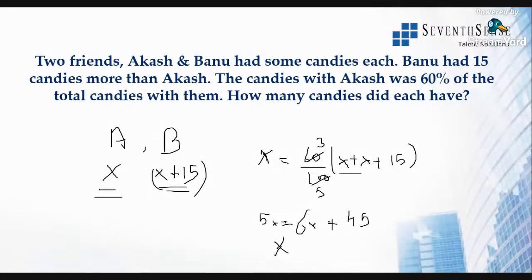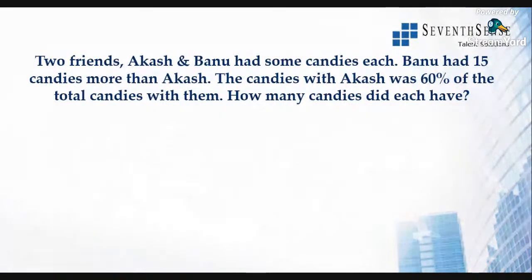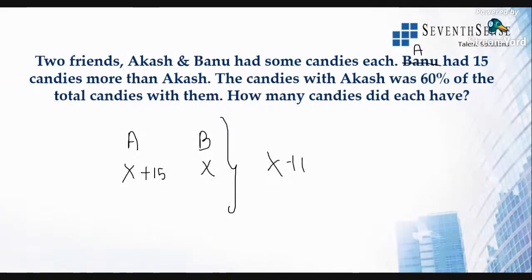I think if I change this question, instead of Banu, if I take Akash, so let us say Banu had X candies, Akash will be X plus 15. X plus 15 is Akash's value, which is 60% of the total candies with them.